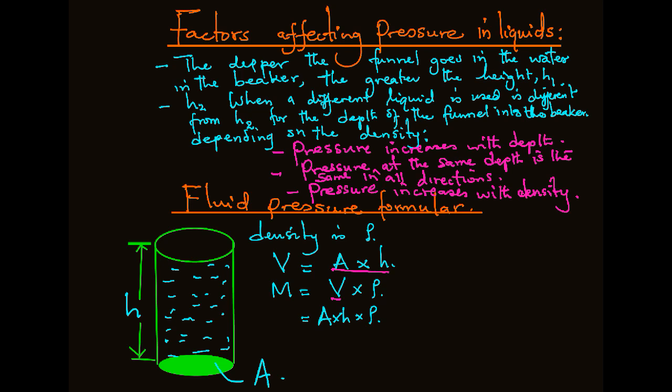Therefore, since weight is equal to mg, then we substitute m into this so that we have A h rho g as the weight.